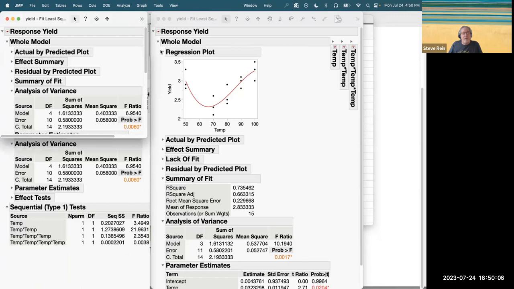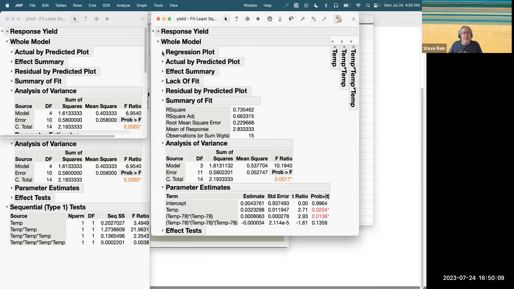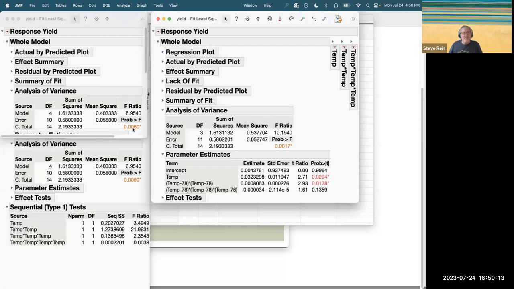Let's contrast them with my analysis of variance, my ANOVA for this new model overall. These are both an F ratio of 7. Now it's at like 10. What happened?